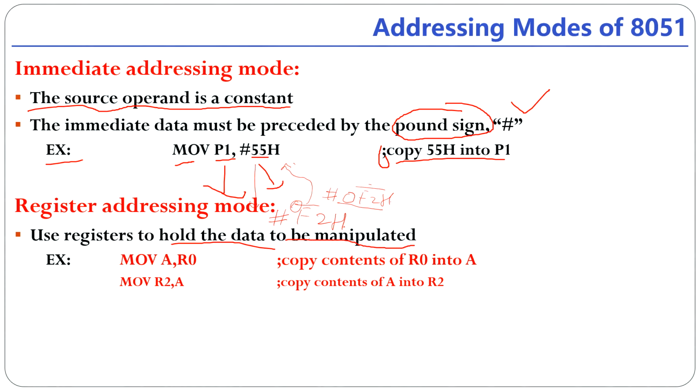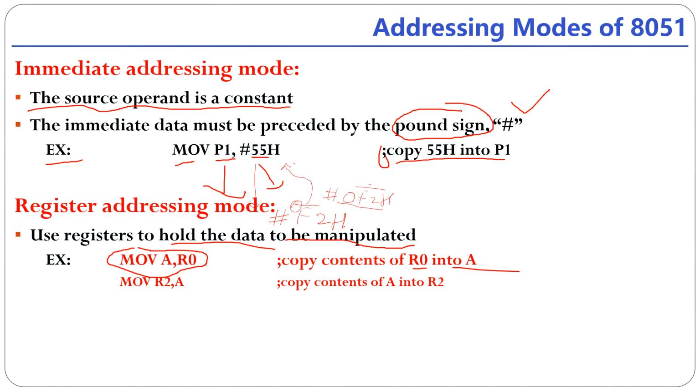We saw examples briefly in the previous slide, but now we will see them in detail. MOV A, R0 copies the contents of R0 into A, the accumulator.